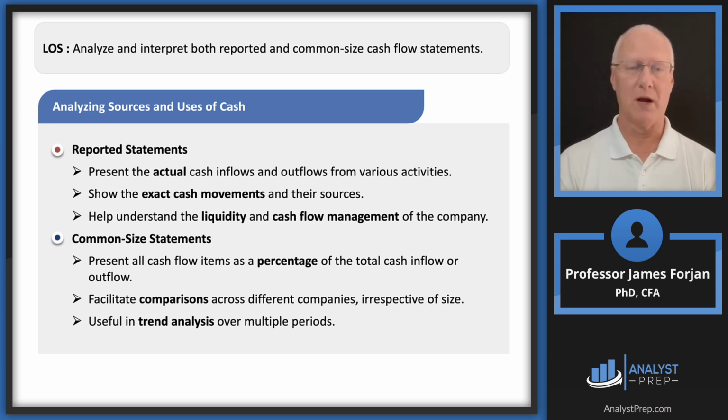And then you shouldn't be surprised that we're going to have a section on common-sized cash flow statements. Let me just re-emphasize what I told you in those previous recordings. We're doing this for multiple reasons, but primarily we want to look at the trend. Let's go back 3 years or maybe 5 years. You probably don't want to go back 50 years, but there might be something helpful in there.